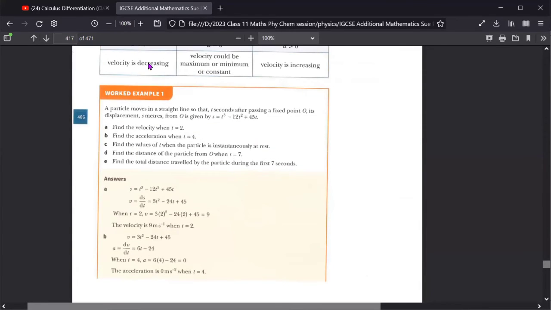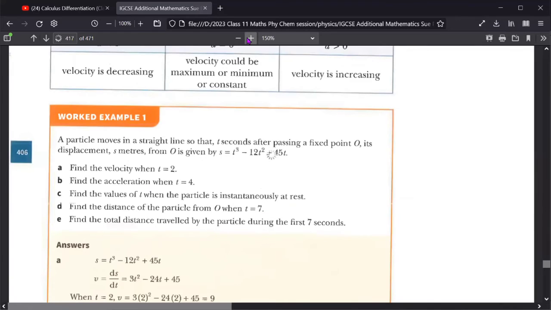So this is the question that we are discussing. We can calculate the velocity, we can calculate the acceleration, we can calculate where exactly the particle was at rest. We know that at rest the instantaneous velocity would be 0. Are we clear? Yeah. And find the total distance of the particle from origin when t is equal to 7. Are we clear?